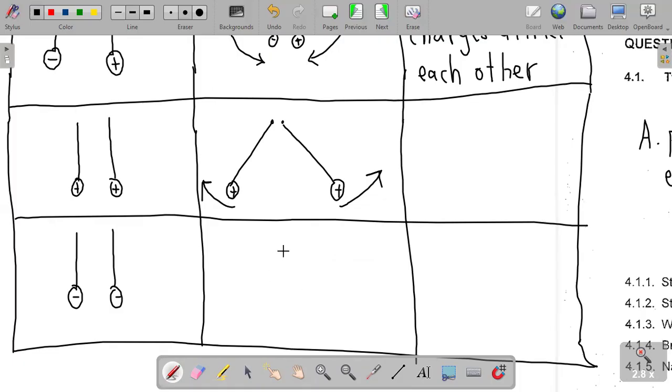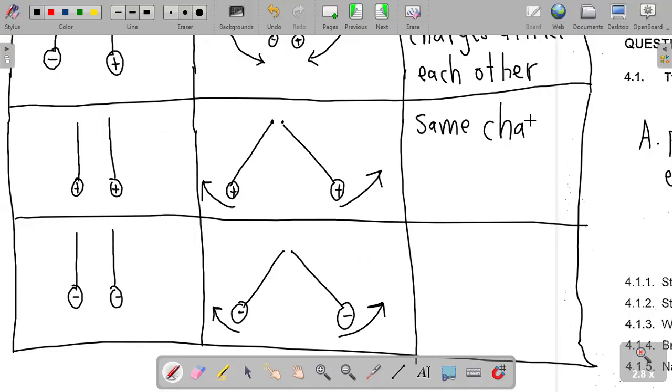The same thing applies to the negative charges: the negative charge on the right will move to the right, and the negative charge on the left will move to the left.